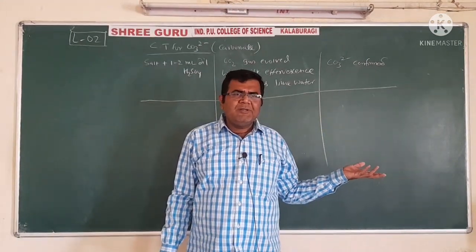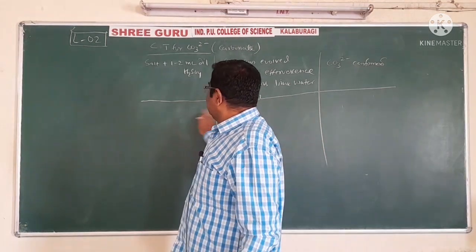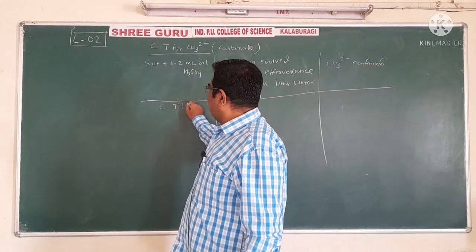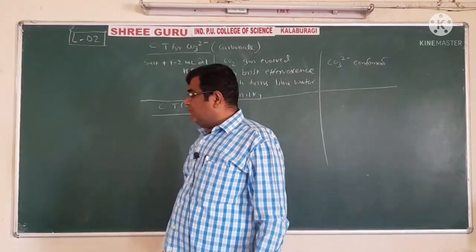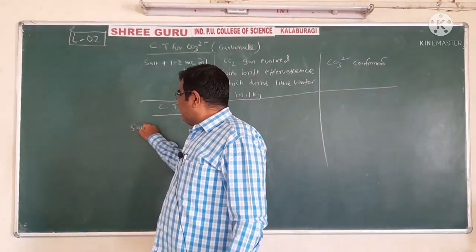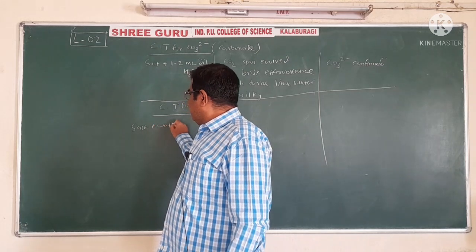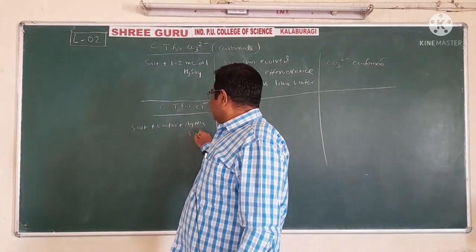Otherwise, no need. If your radical is chloride, then we have to write here CT for chloride, which is another radical. First radical, group 2. We have to take the salt, we have to take the water, and we have to add AgNO3 solution to it.